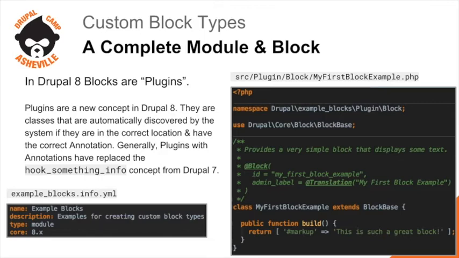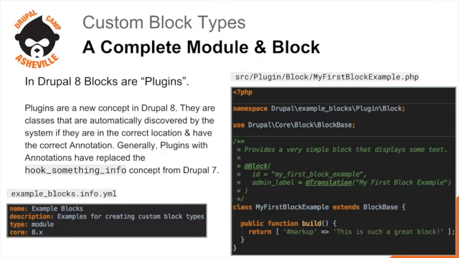How? Why? So the how is because of the annotations. I built this block and put it in a specific place. There is an annotation within Drupal for a plugin type called block. The plugin system discovered my block automatically when we cleared cache. Actually, when I enabled the module, the cache was cleared because that's something that happens.